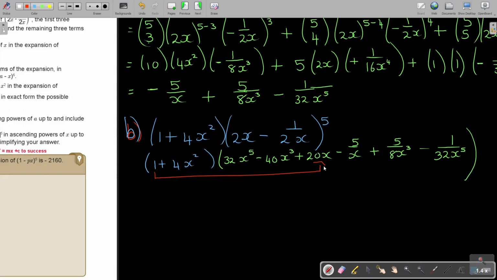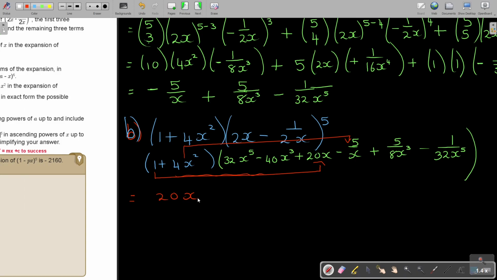So if I multiply this one with this one, then the 2 will cancel with that, and it will just be x. From there, it will not work. So I need one of this free, one of this free. So if I multiply this bracket, I'm going to get 20x.